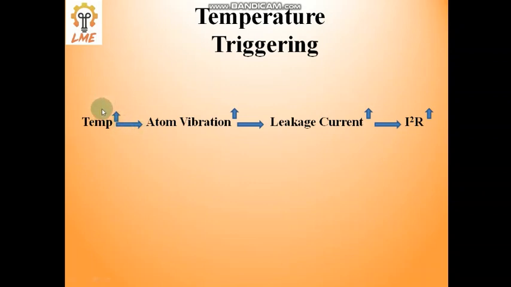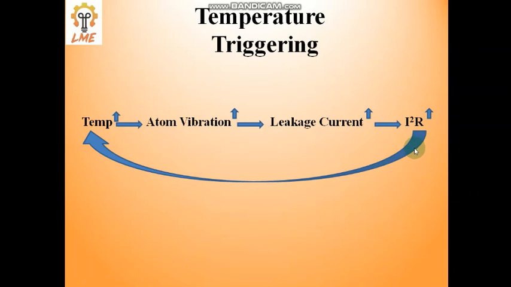Okay. And the next triggering method is temperature triggering. If we increase the temperature of that particular device, what will happen? When the temperature increases, atom vibration increases. If atom vibration increases, the leakage current passing through the junction will increase. If the leakage current increases, then I squared R also increases. If I squared R increases, that also increases the temperature.